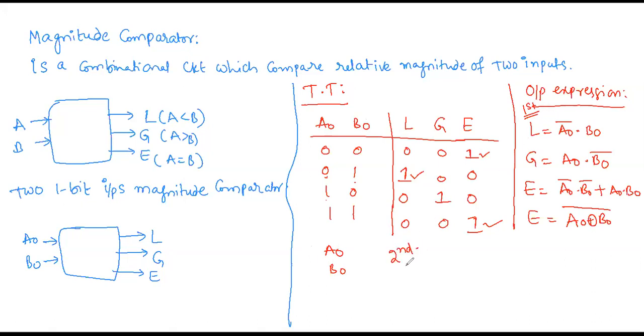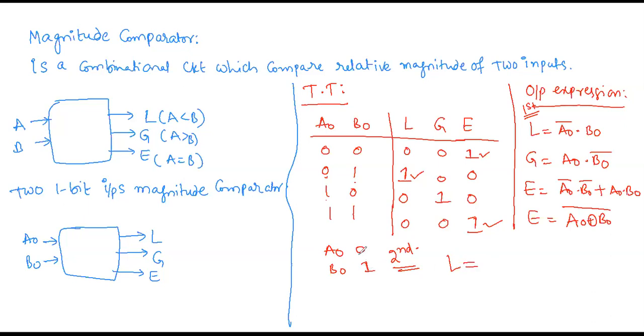Second method: first L. Whenever A0 is 0 and B0 is 1, we get less than equal to 1.